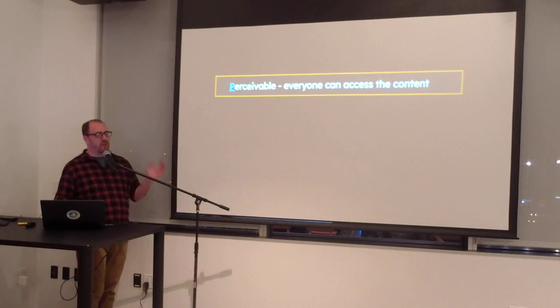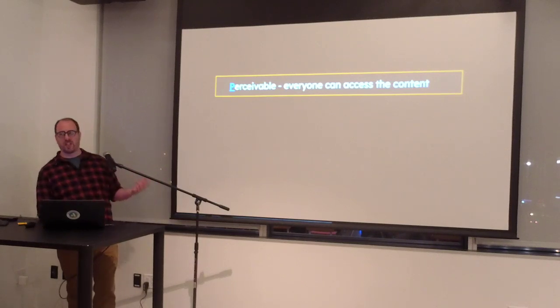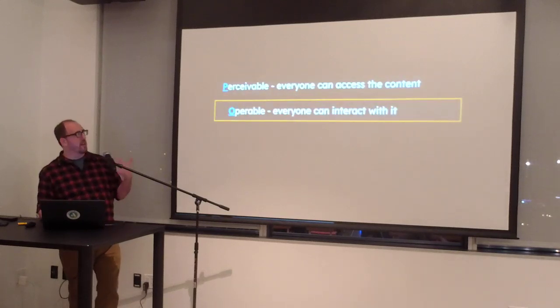First, everything we build, all the content we produce, should be perceivable. So however it is that you perceive things, it should be available in that type of format. Whether it's audio, keyboard only, screen readers, whatever means you have to perceive content, that content should not be hidden from you. Secondly, everything that we're building should be operable.